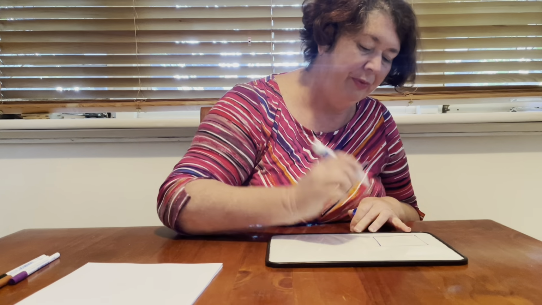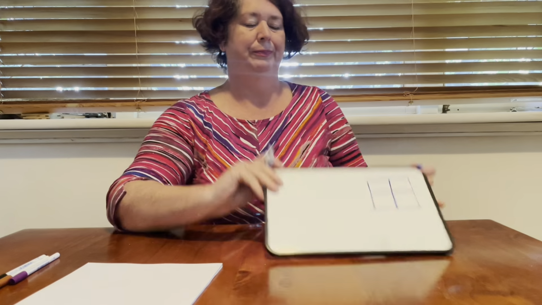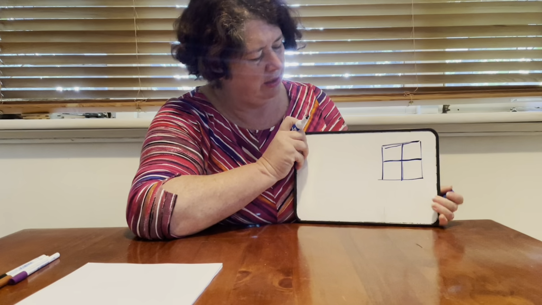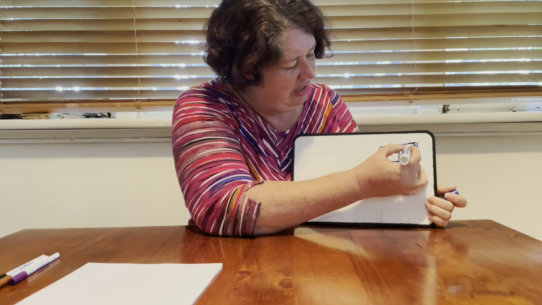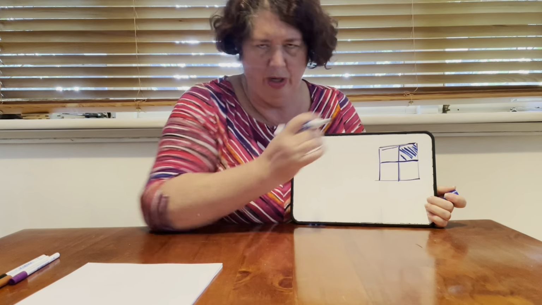Let me draw a square. And if I'm deciding that I want to talk about quarters, and I draw my square and shade, colour, whatever my quarter, that's a fairly straightforward representation. And what you'll find is most students will draw that representation every time you ask them to make a quarter.